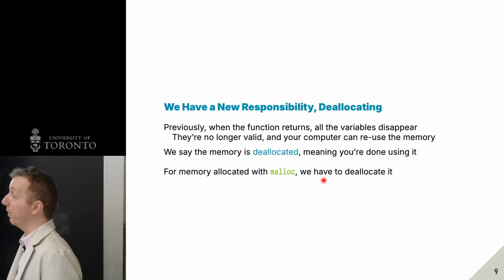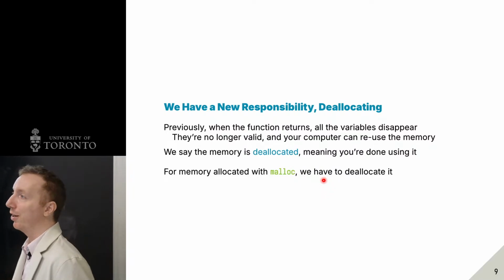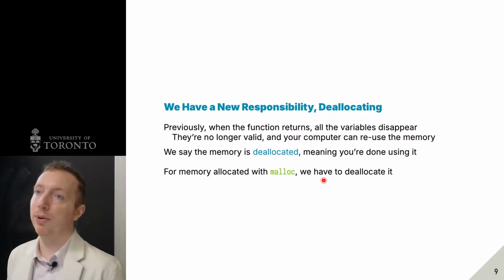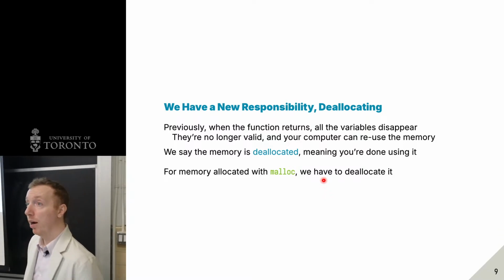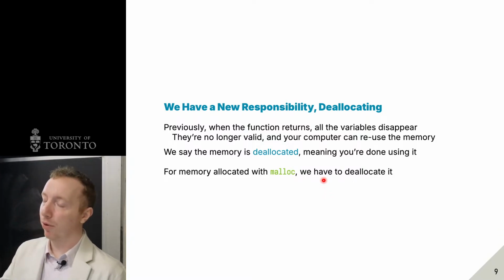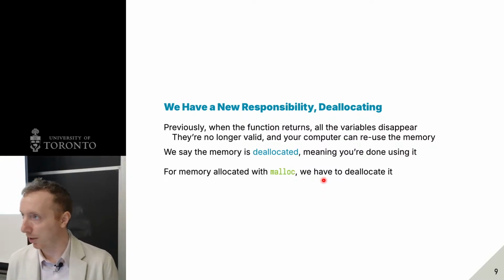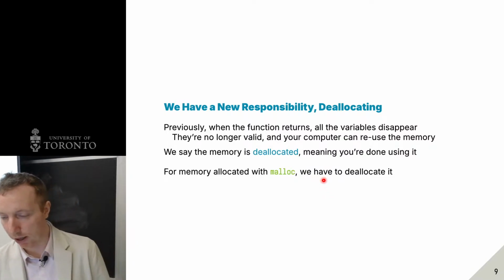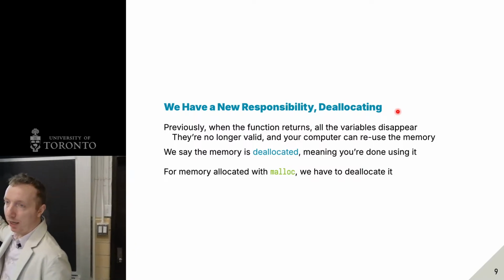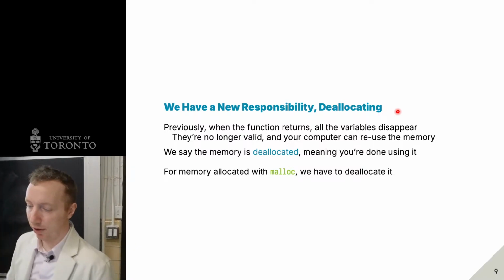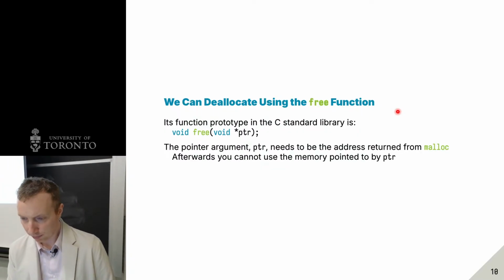If you keep your web browser open long enough and your program has this issue, it will keep wasting and wasting and wasting memory until you eventually run out of memory, and then it will crash, and then you have to restart Chrome, and then it will be okay for a while. And the more places you forget to deallocate memory, the worse and worse this is going to get.